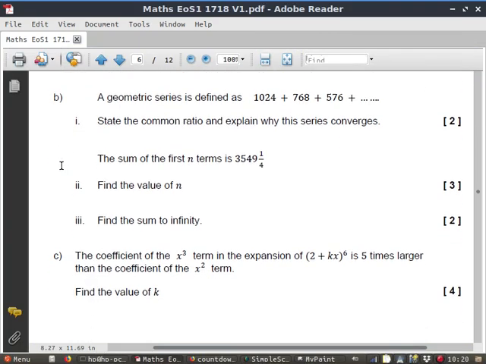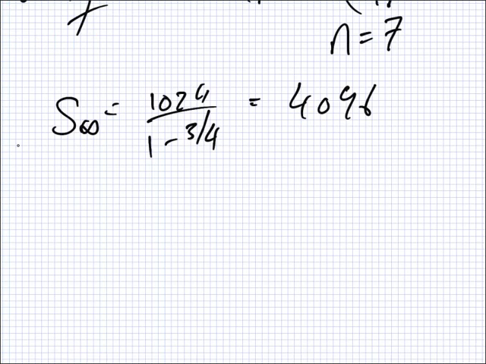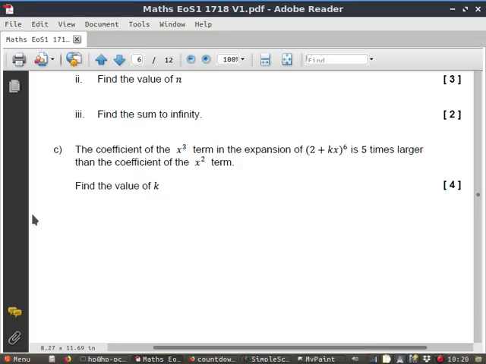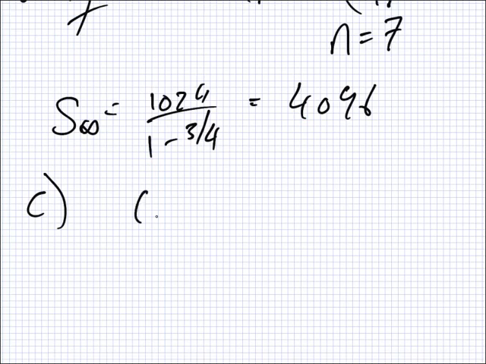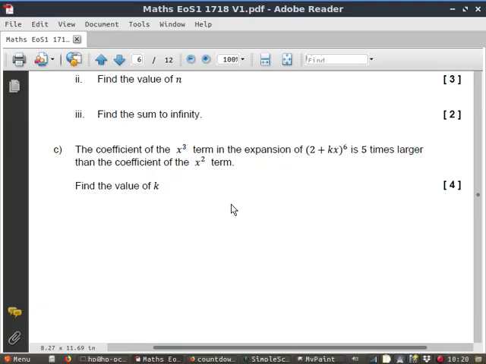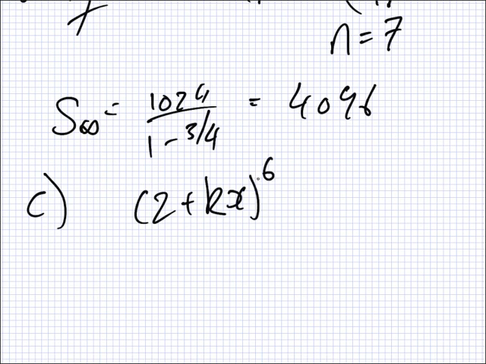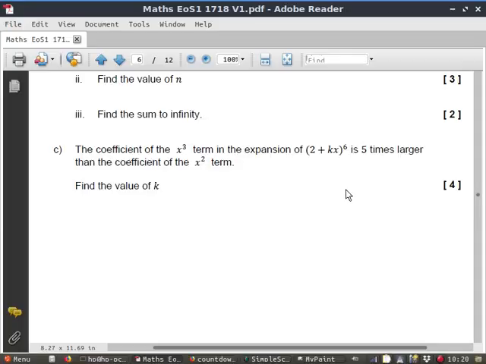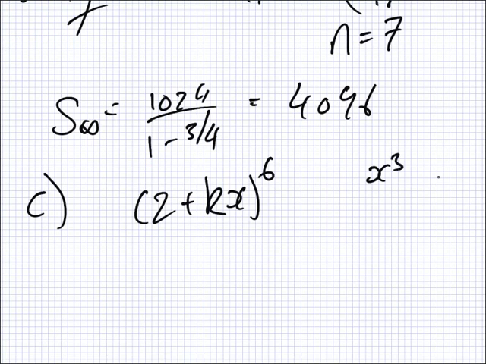Yep. Lastly, so this will confuse some people. The coefficient of x cubed is 5 times the coefficient of x squared. Find the k. We have (2 plus kx) to the power 6. Let's get the coefficient of x cubed and x squared first.